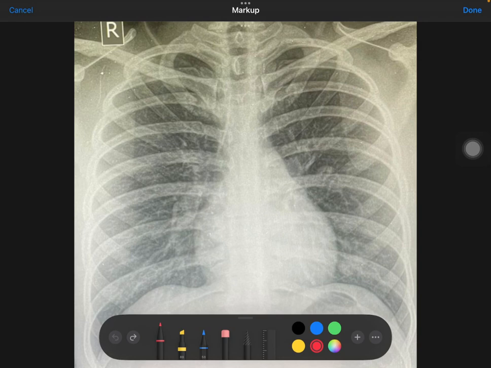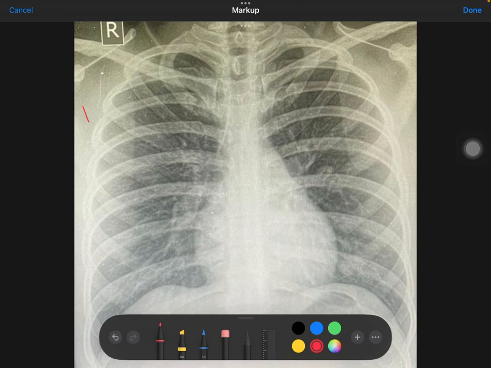The ribs that are more horizontal are posterior ribs, and the more vertical ones are anterior ribs. These are all anterior ribs, and these are all posterior ribs. Okay. Now, how to see the depth of inspiration?